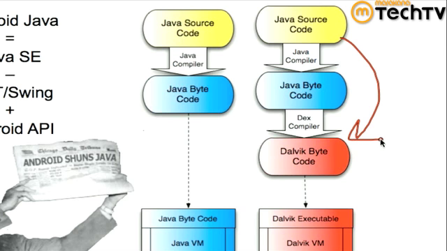Exactly. You may have some Java libraries that you don't have source code for, so you just want to bring them in. That's back to the question about interfacing with existing Java code, right? You would basically just take existing Java code and recompile it using Dalvik. So that's a good reason to base it on the bytecode.